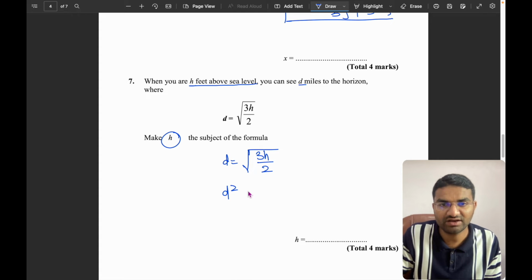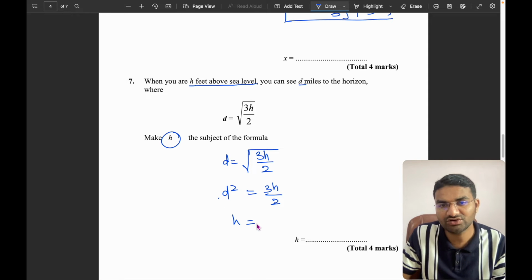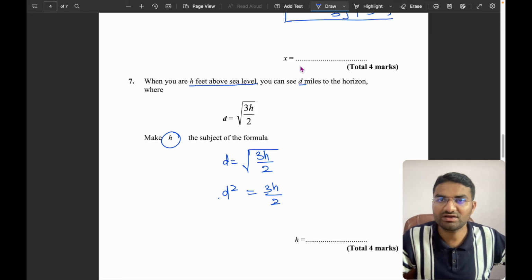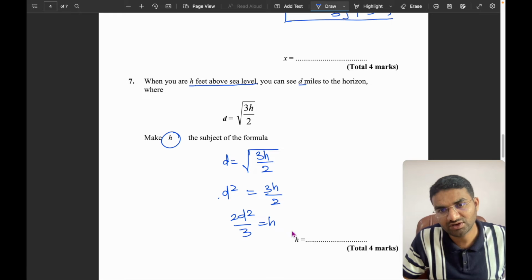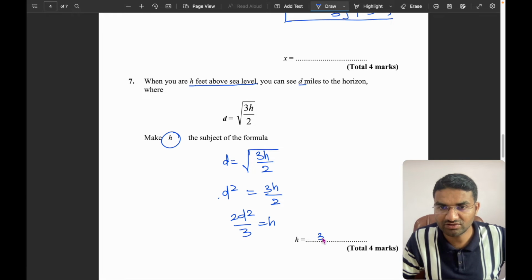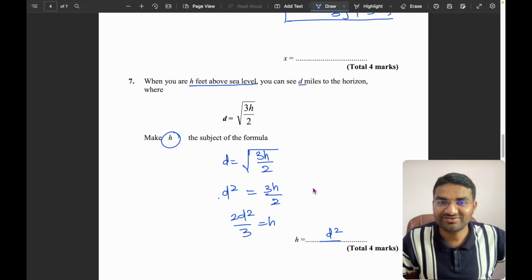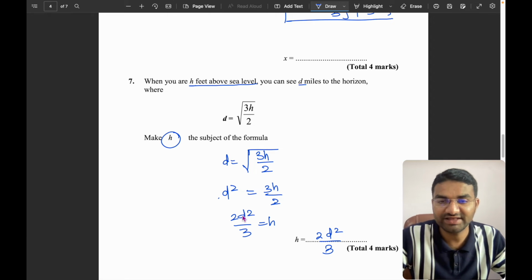So d squared is equal to 3h over 2, and transfer this 2 to the left. So your h will be 2d squared over 3 is equal to h. That's it, right?